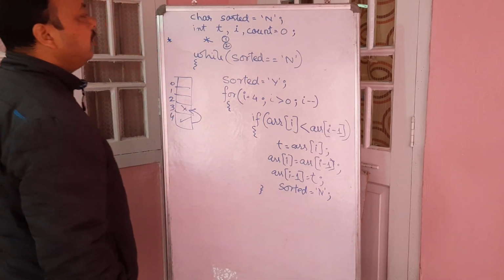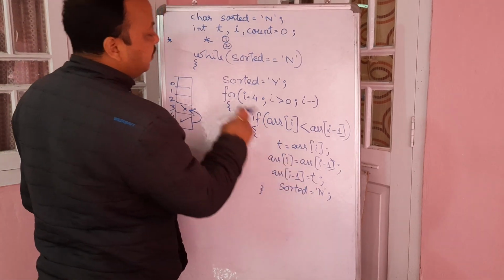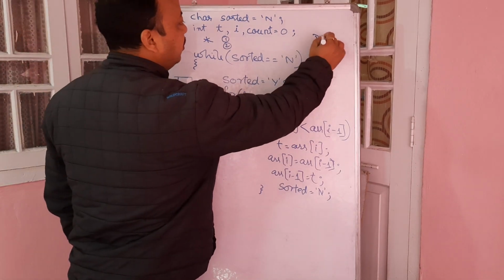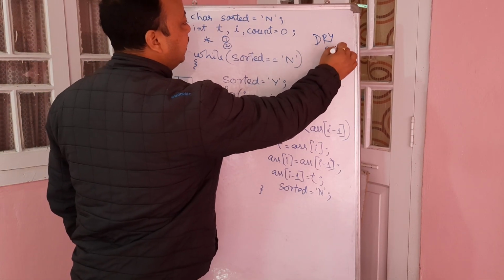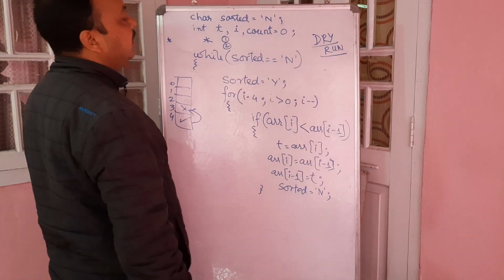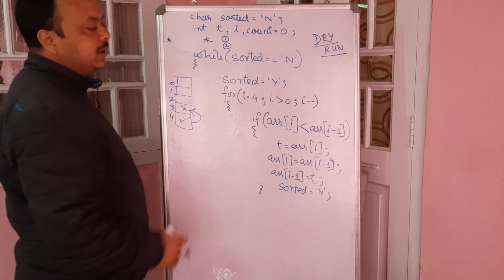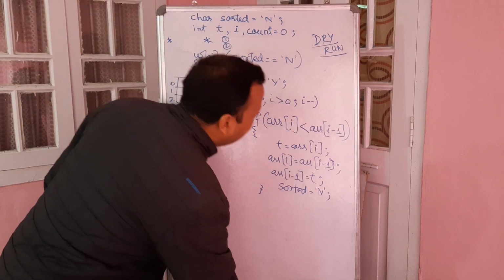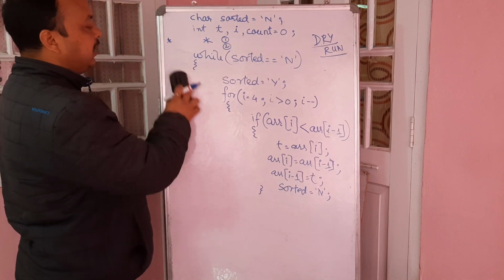I push this further down. Why did I say sorted n? Sorted y here, n. You please do a dry run. I hope you remember in my previous classes I have mentioned what dry run means. You label each of the statements in the loop, and then you execute it manually. You will know what the values of sorted are.